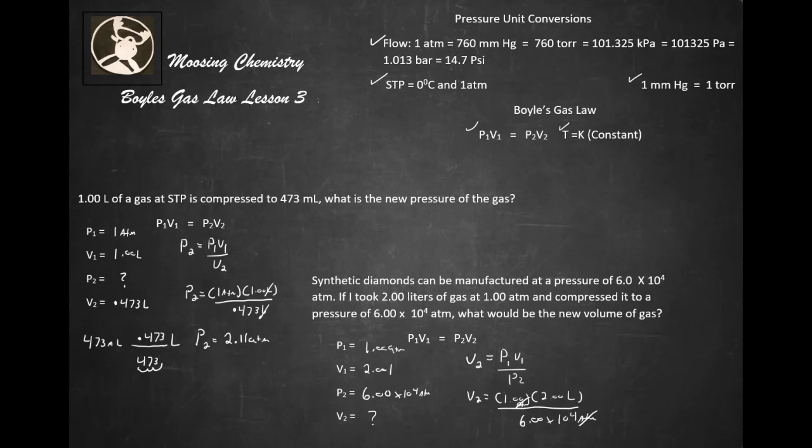ATMs cancel each other out. And, of course, our new volume is going to be pretty small, 2 divided by 6.0 times 10 to the 4th, and that gives me, wow, 3.33 times 10 to the negative 5th liters. So that's quite a bit of compression there, guys.